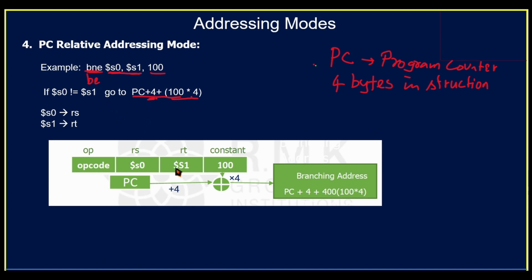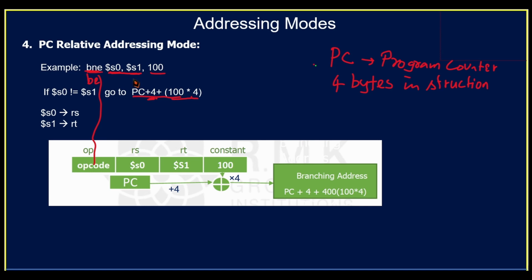So how to draw the diagram for this? Anyway, branch not equal means there will be an opcode for that. That opcode should be put here, a 6-bit opcode. Then here you have to decide which is source, which is destination. Where the result is stored, there is no result here. It is just going to the particular location and executing.